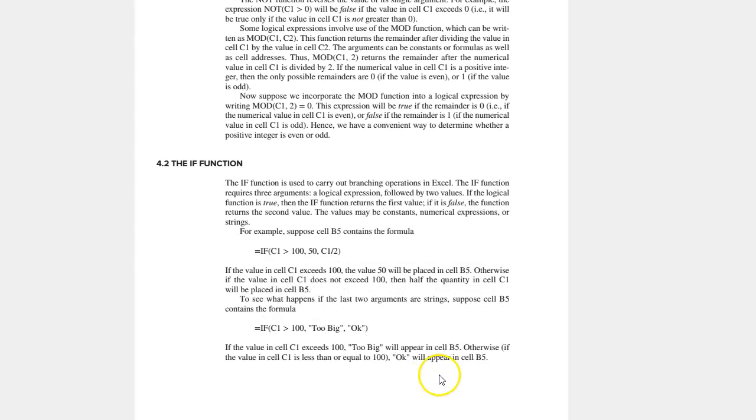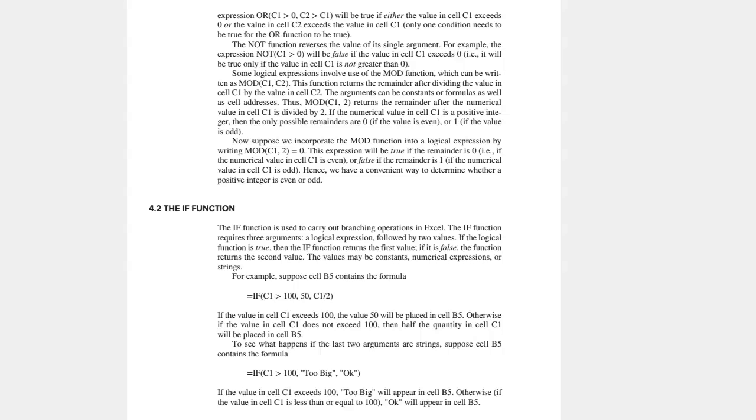Okay, so that makes sense. For an OR expression, as seen here, you're going to put OR where the comma is. So if C1 is greater than 0, or if C2 is greater than C1, it'll be true. Okay? That makes sense.